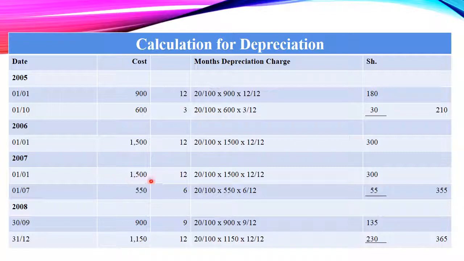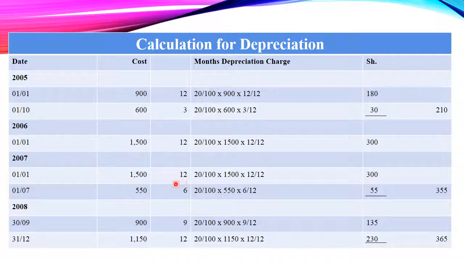In 2007, on 1st of January, again we brought down asset costing 1,500 from the year 2006, and again these assets will be in use for a whole year, and that will be 20% of 1,500, which is 300. But in this year 2007, the company acquired an asset on 1st of July, and the asset was worth 550. So if you look at that, from 1st of July up to 31st of December, the asset will be in the organization for 6 months.